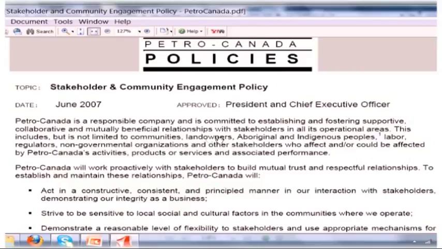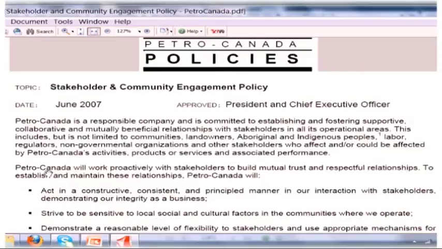So already a large number of stakeholders are given over here. There is talk about mutually beneficial relationships, like win-win solutions, supportive, collaborative. They are talking here about the operational areas in which it is operating, doing projects, and after the projects have been completed, operating the outcome of those projects.